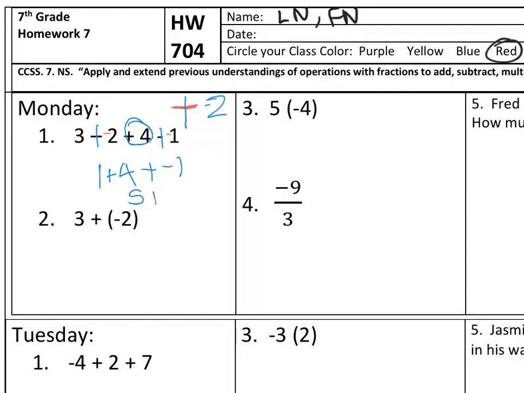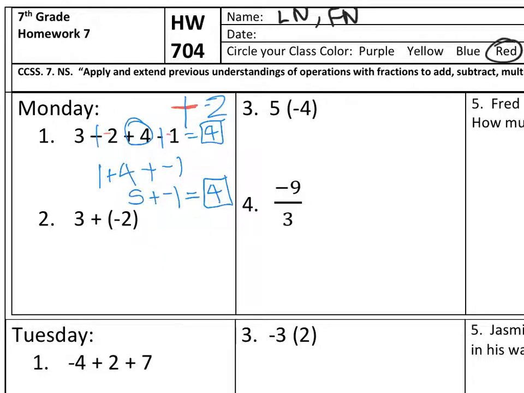So now you have 5 plus negative 1, which is 4. That's how you do it at the 7th grade level. I don't want just an answer. I don't want you to just write 4. That's not going to be acceptable, because when I grade it on Friday, I'm going to give you a check for the work, and a check for the answer.